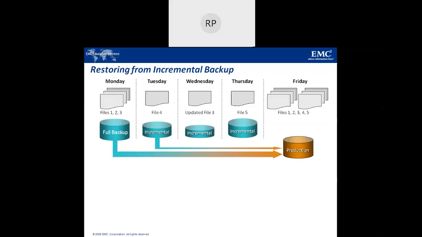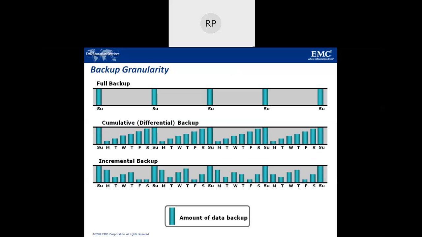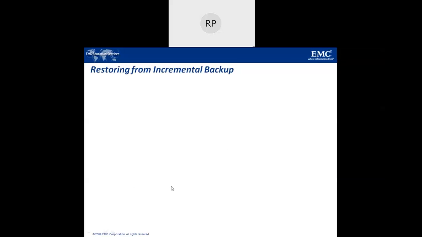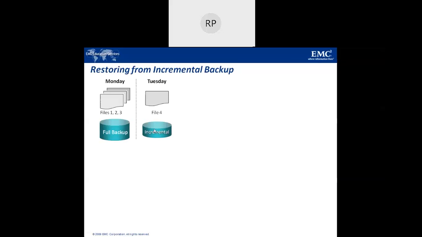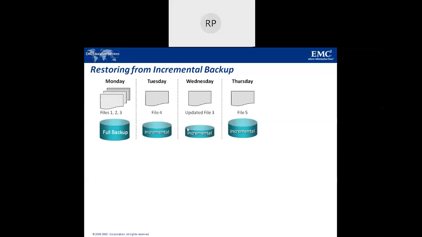But in case of cumulative, we are going to add the data which is updated to the previous copy. Means here in this backup only you are going to add the changes. In the full backup you are going to add the updated file 4, file 3, then file 5 to the full backup only. That is called cumulative.